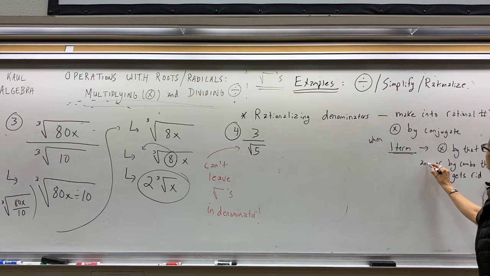I'm going to say and or. There's many tricks here. There's a lot of density contained in the statement. So you multiply by that root and or a combo that gets rid of your root.